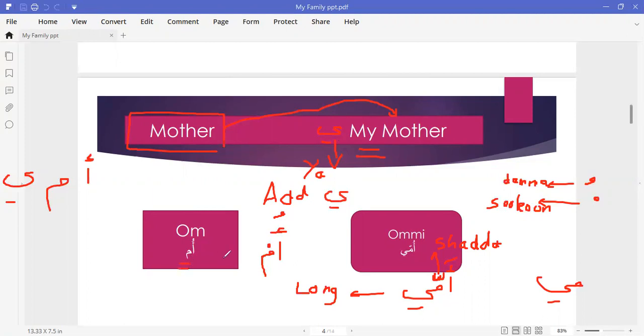This form is because it's going to be attached to the letter ya. This ma is going to be attached to a letter after it. So I just remove this part and make it like this, put the shadda, then I add ya. When I added ya, it becomes ummi. So to change umm into ummi, just add ya. So here we have ummi.